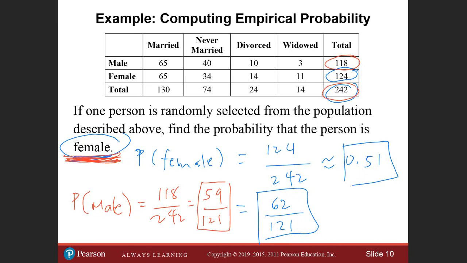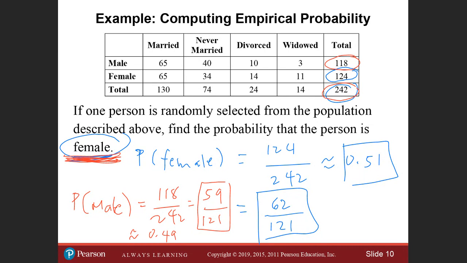If you have that in decimal form, that's 118 divided by 242, or you can say 59 divided by 121. It gives you a decimal value of 0.49, or 49%.